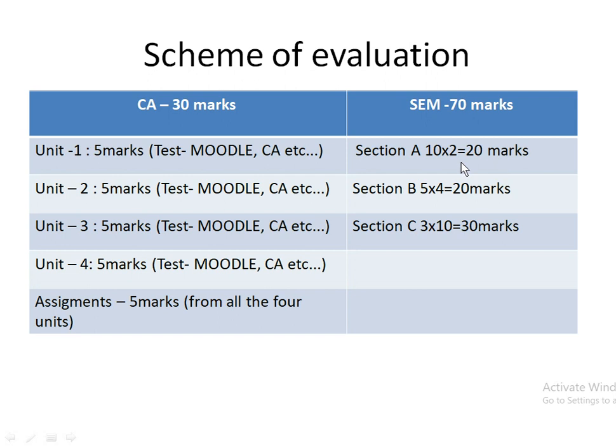Section A has 10 questions, 10 into 2, 20 marks. Section B contains 5 questions with 4 marks each, totaling 20. I think you know this very well. Section C contains 5 questions, of which you have to answer 3, with 10 marks each, totaling 30 marks, and finally the total is 70 marks.